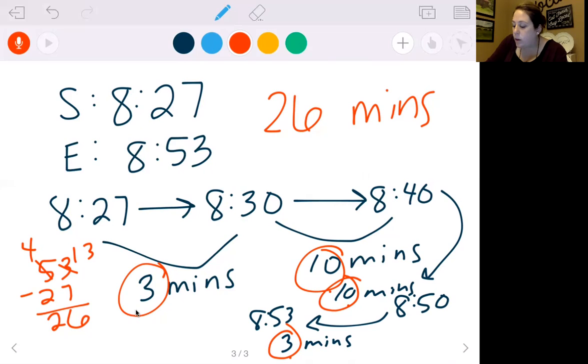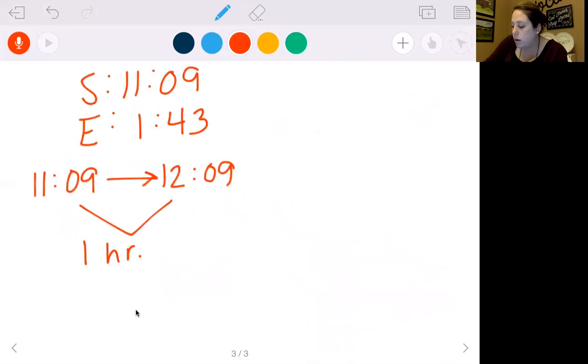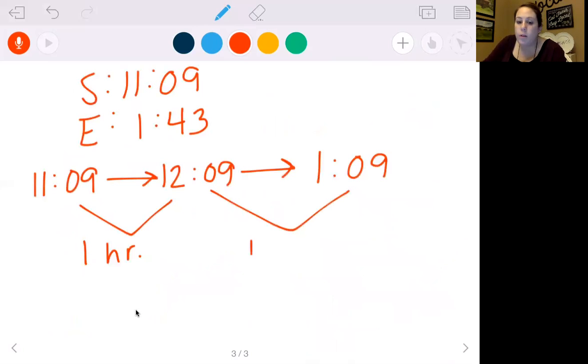So 1 hour is 12:09 to 1:09 is another hour. Now from 1:09, I can't go to 2:09. That's too far. So let's get it to 1:10 because it's going to be a lot easier to deal with. From 1:09 to 1:10 is 1 minute.